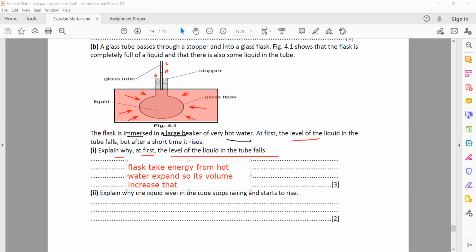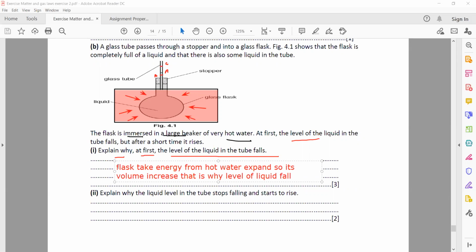That is why the level of liquid will fall. Because the container has now become comparatively large, that's why the level of the liquid decreases. But why does the level of the liquid rise in the tube?